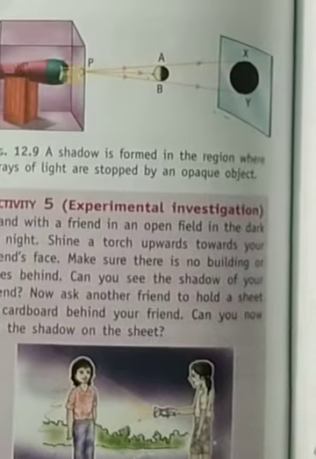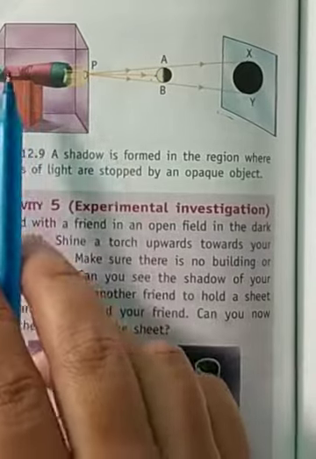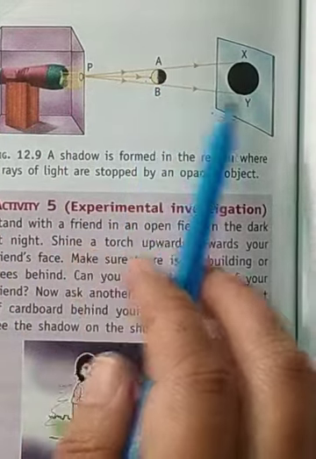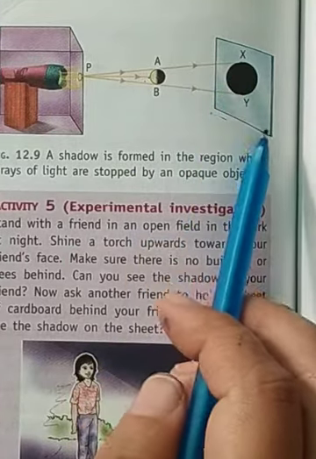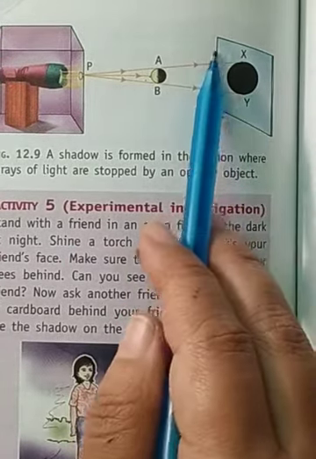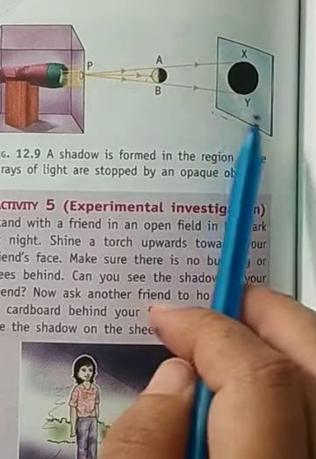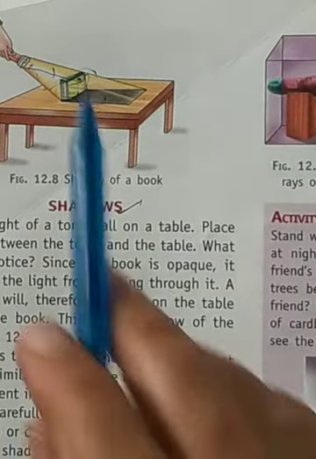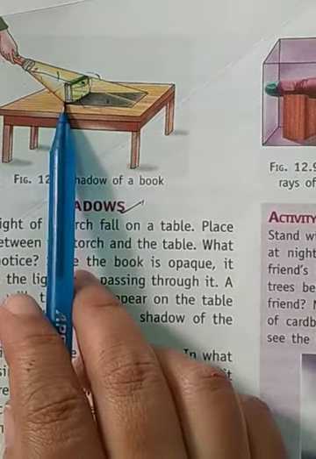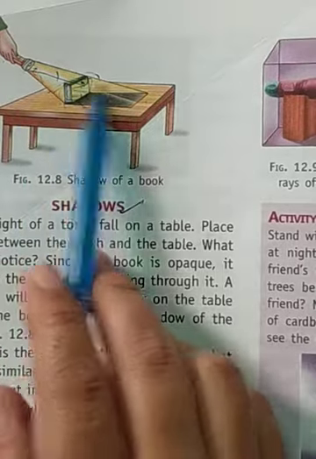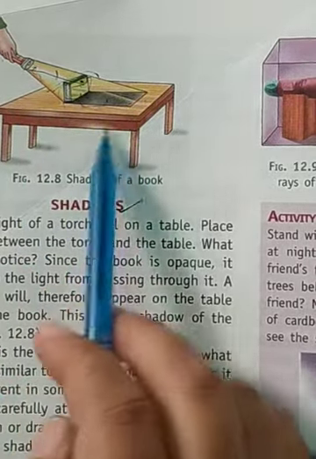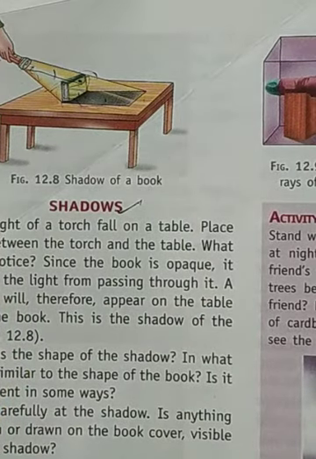Now see in this diagram also, this is the torch, and the light is falling on this wall and shadow is forming here, on some screen. And in this picture, shadow is forming on the table. So the table acts as a screen.